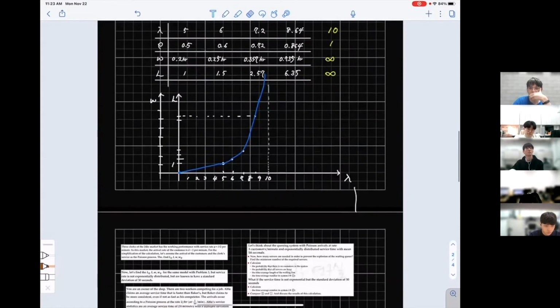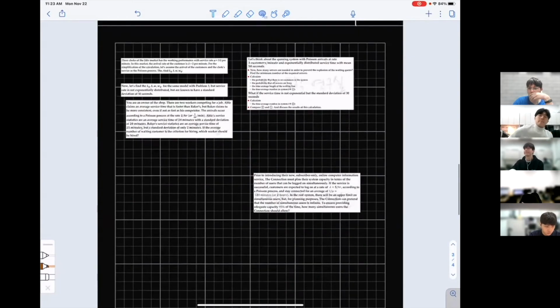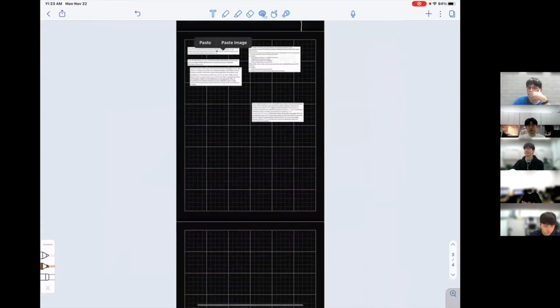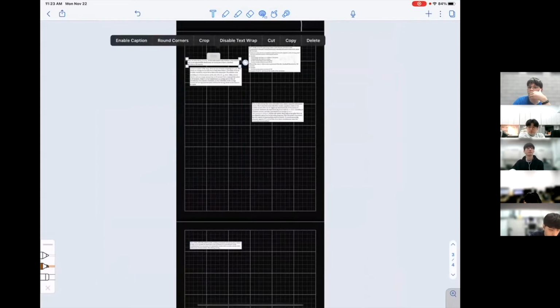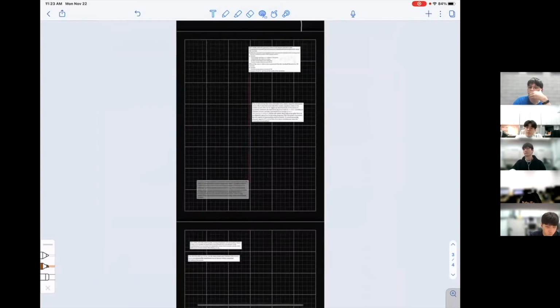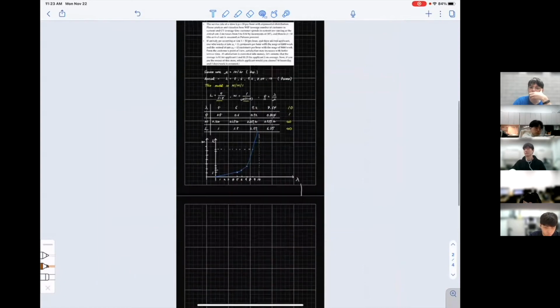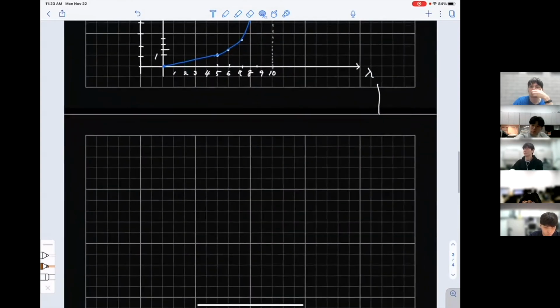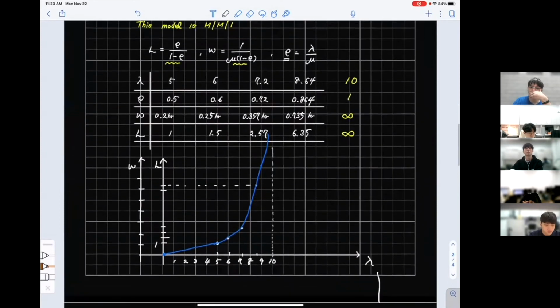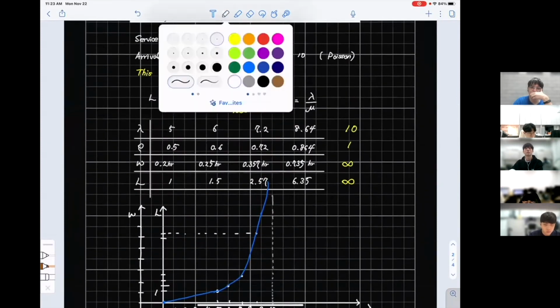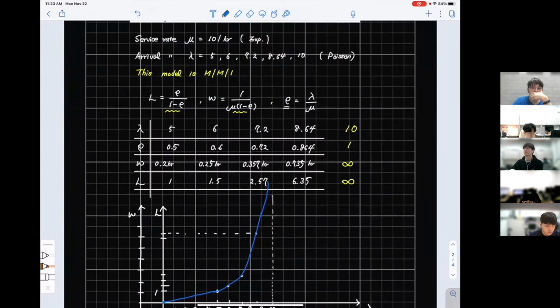Okay, then this problem can also be calculated with another approach.